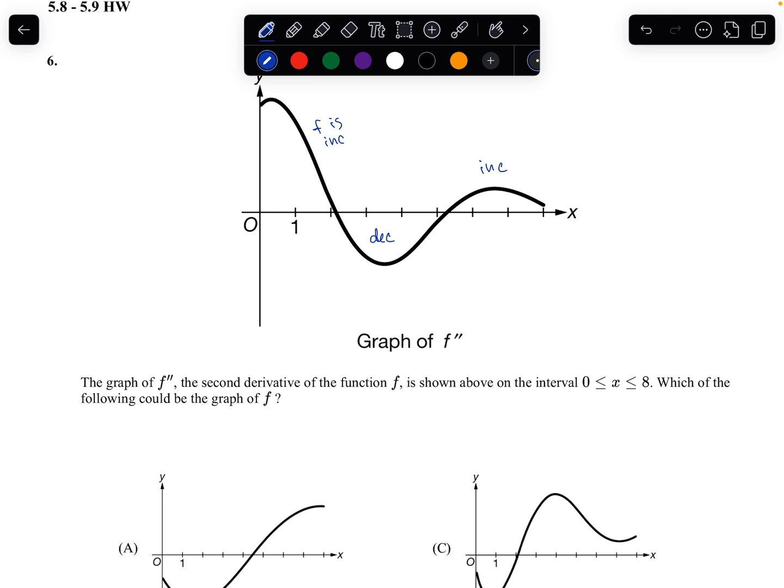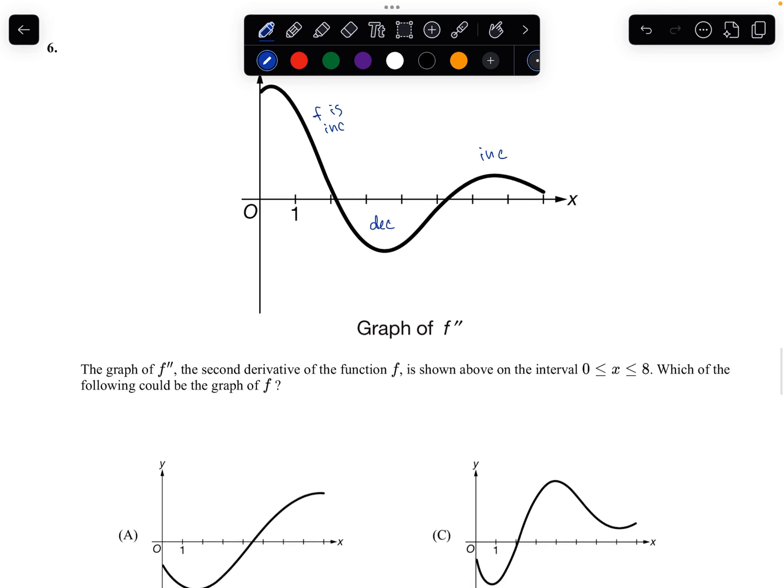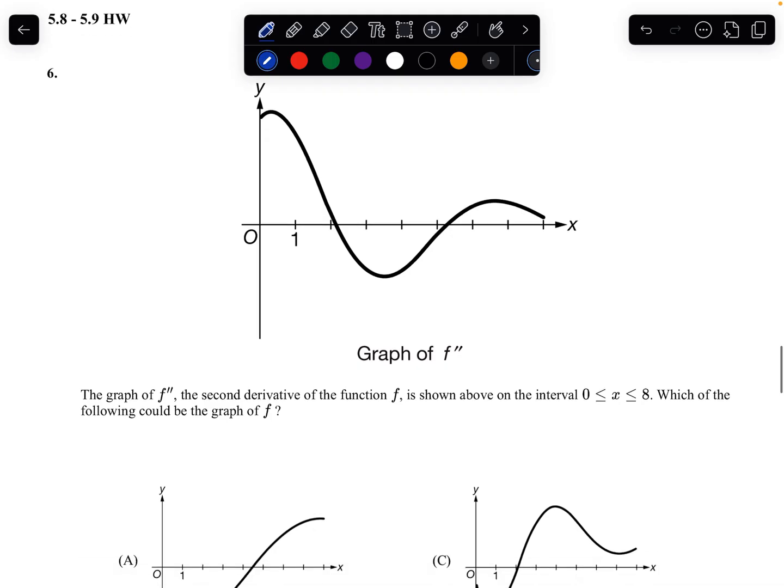I'm going to double check. I already got it wrong, because this is the graph of f double prime. Redoing this. Like I said, I'm going to get this right the first time, as in the second time.